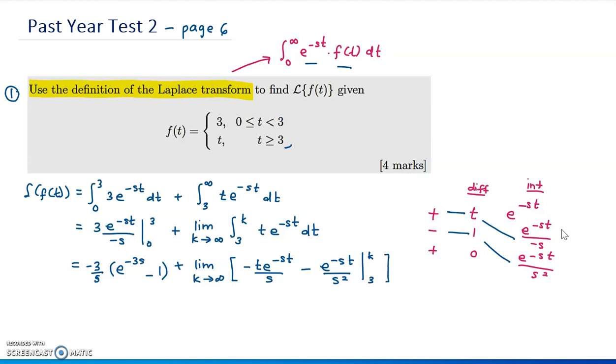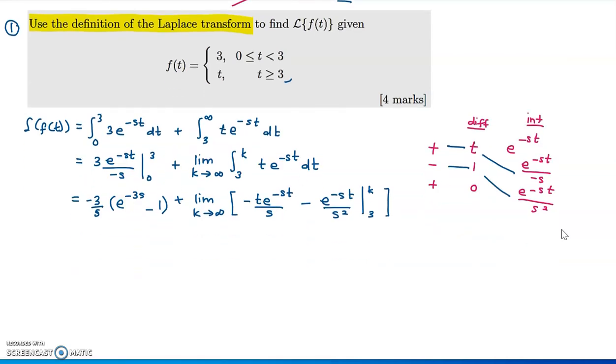If we expand this, we have negative 3e^(-3s) over s plus 3 over s, and the limit as k approaches infinity. When t equals k, we have negative k e^(-ks) over s minus e^(-ks) over s squared.